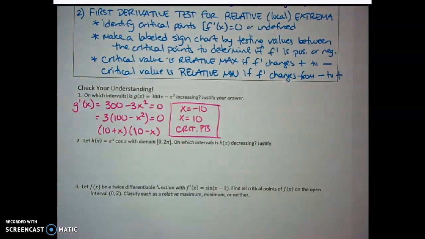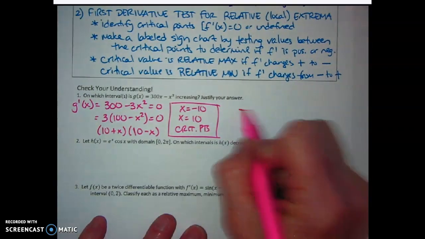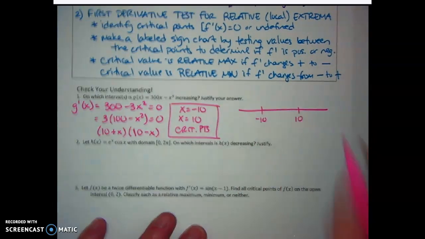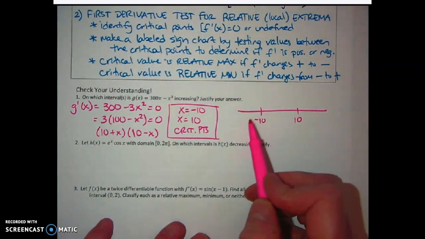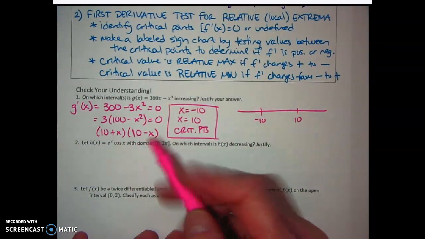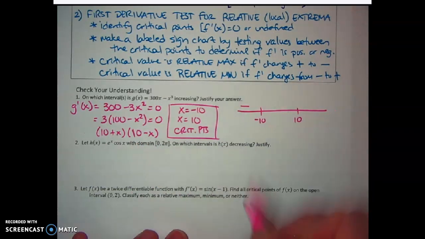I get that my critical values are negative 10 and 10, so now I need to make my labeled sign chart, and this is what I mean by a labeled sign chart. Basically, you're going to have your number line using negative 10 and positive 10. If I plug a number less than negative 10 into my first derivative, I'm going to get a negative value.